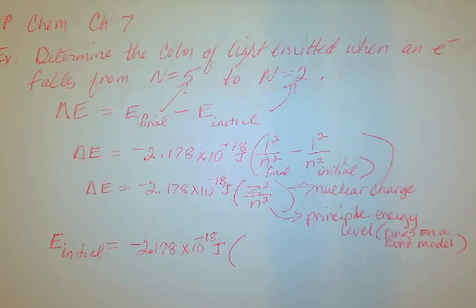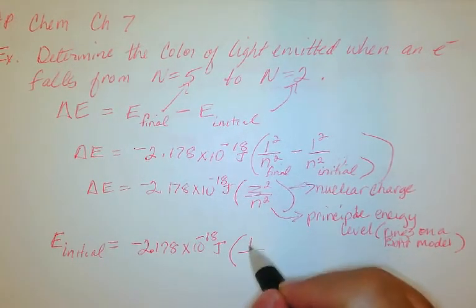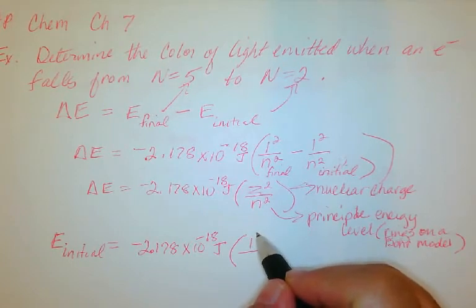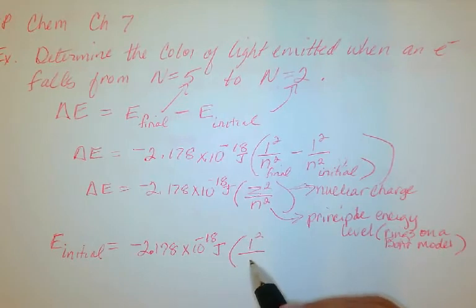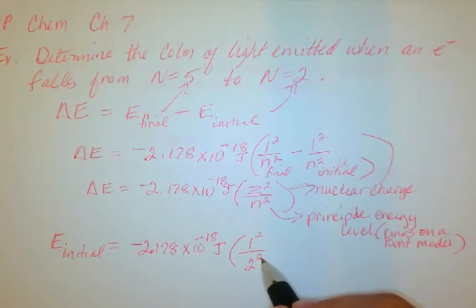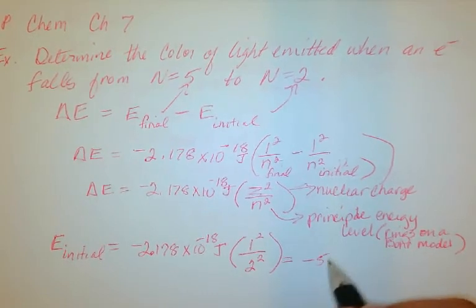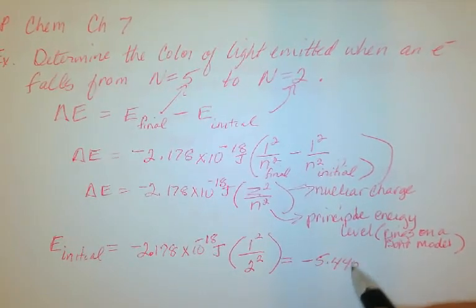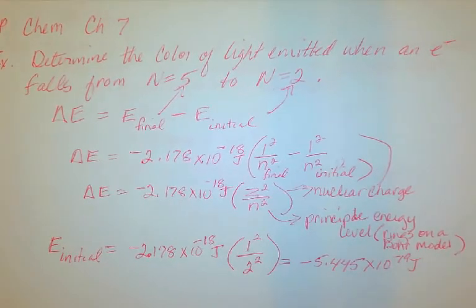So when we do the Z charge, Z is just going to be 1 squared, which is still just 1. And we're going to have our n equals 2 position squared. That's going to give a value of negative 5.445 times 10 to the negative 19 joules.